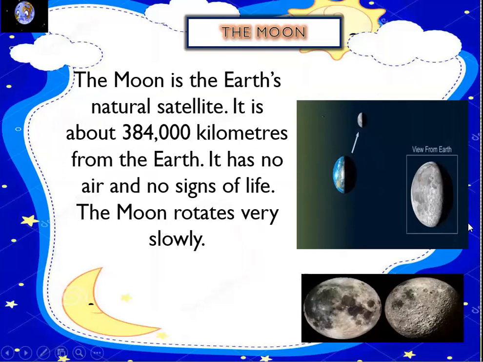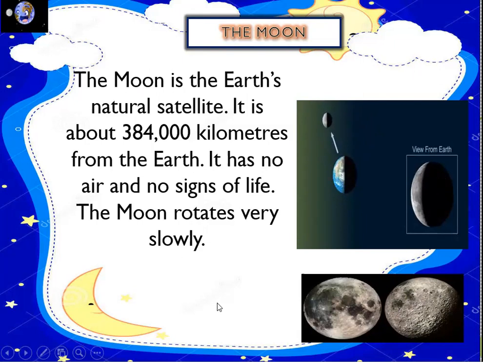It rotates once in the same time as it takes to complete one orbit around the Earth. This means that the same side of the moon is always facing the Earth. The surface of the moon is dry and hard. It's covered with dust. It has large pits called craters.